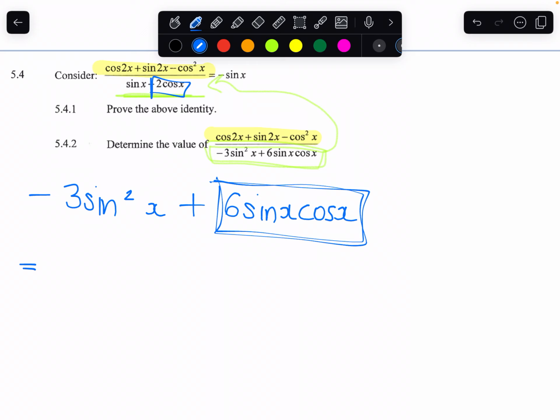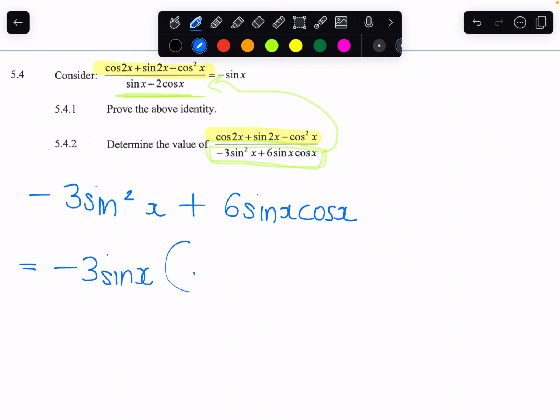So that hints to me that I should take out a common factor of negative 3 sine x. First term I'm left with sine x, second term I'm left with minus 2 cos x. And suddenly we're seeing sine x minus 2 cos x, sine x minus 2 cos x.